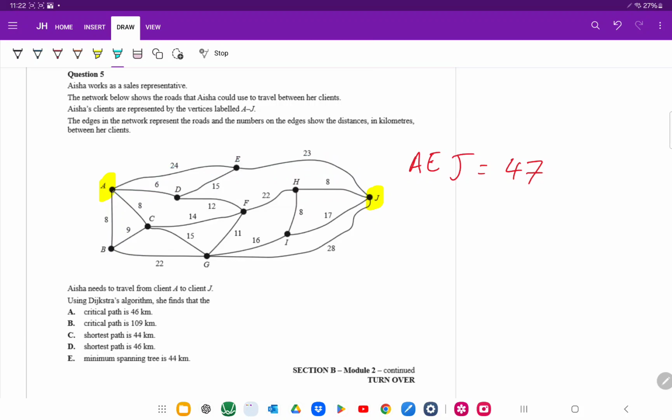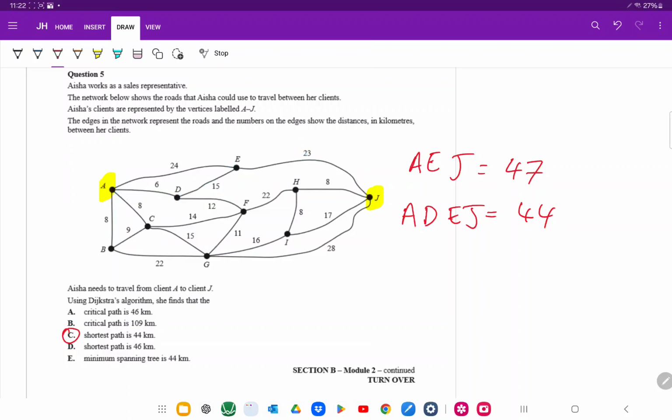If we look at DE, in this case, DEJ, we get 6 plus 15, which is 21, plus 23, which is 44. And since we know that one of our answers here is, in fact, 44, we conclude that might be the case.